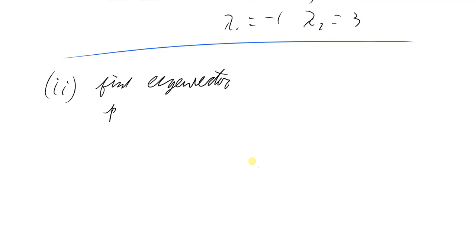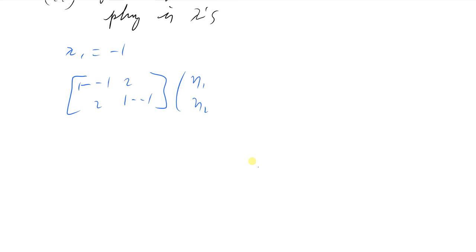We're going to plug in our lambdas. So plugging in lambda 1 equals -1, we have 1 minus -1, 2, 2, and then 1 minus -1, times, I'm going to use nu now, nu1 and nu2, our eigenvector, is equal to the 0 vector.